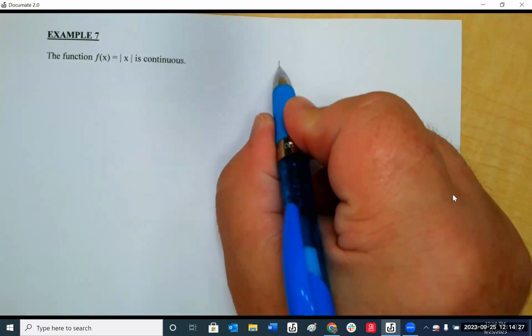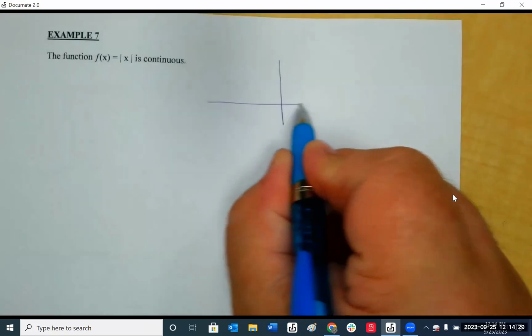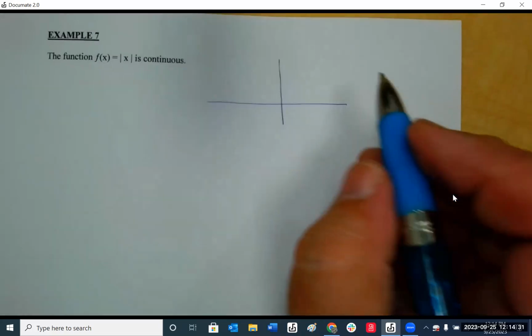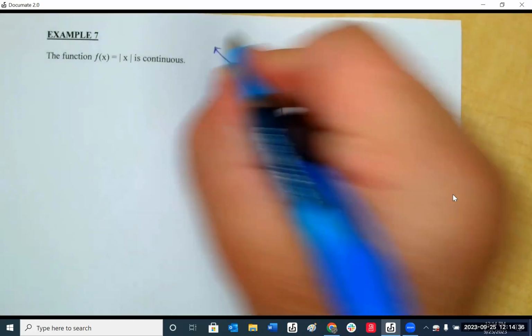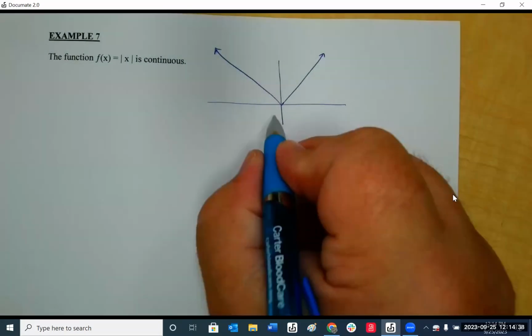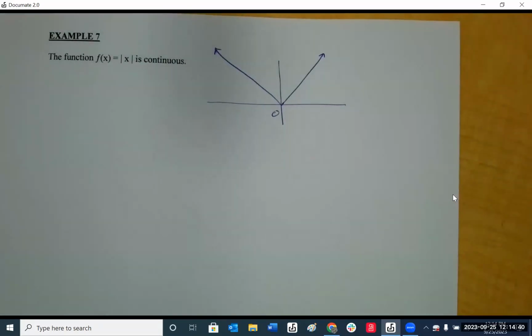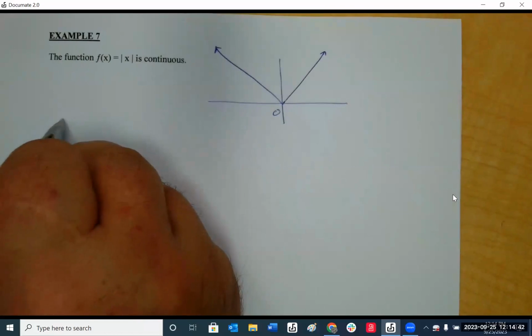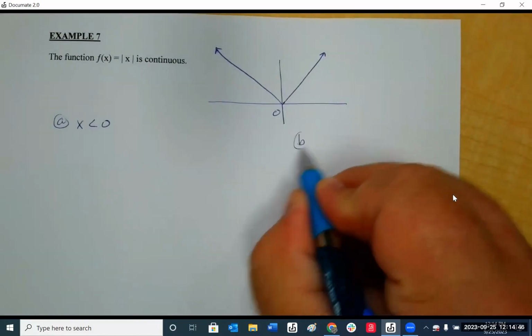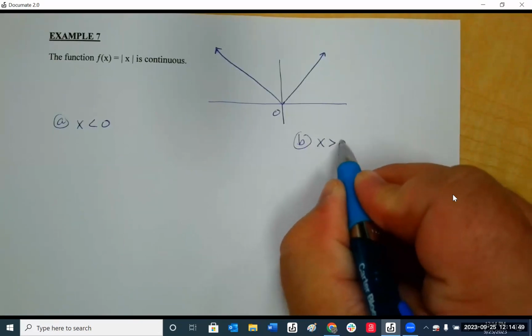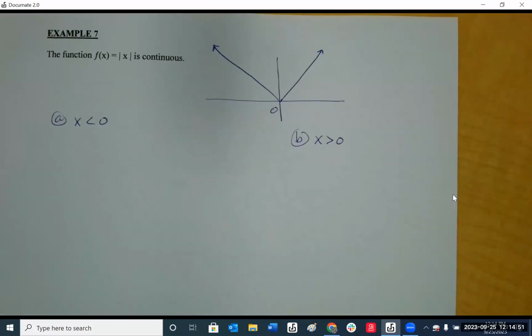What does the graph look like? The absolute value one, so it's like that. It's the V. So at 0 would be the question. What happens when x is less than 0, and then what happens when x is greater than 0?